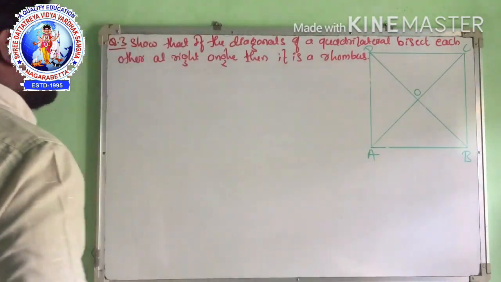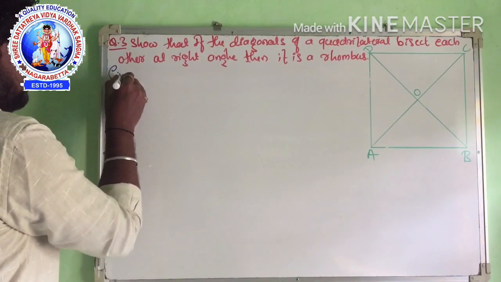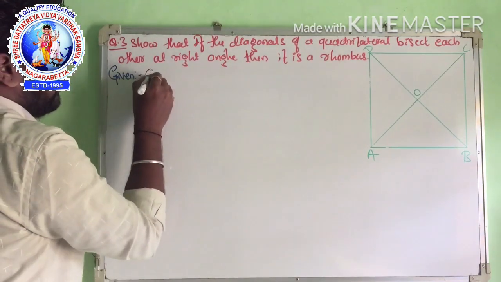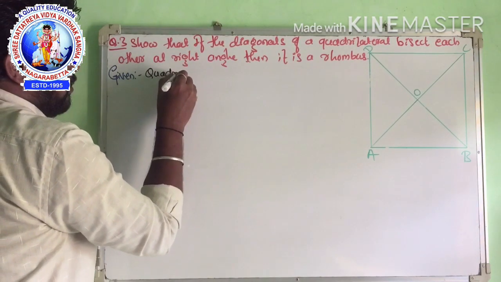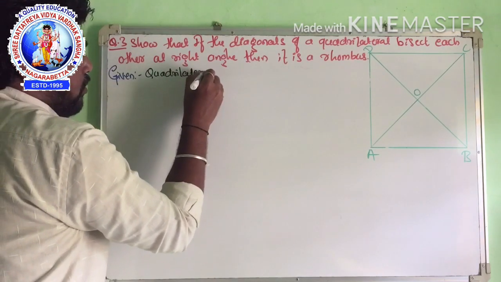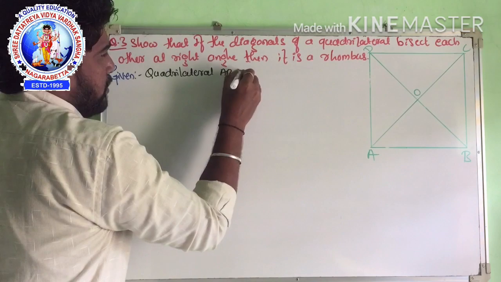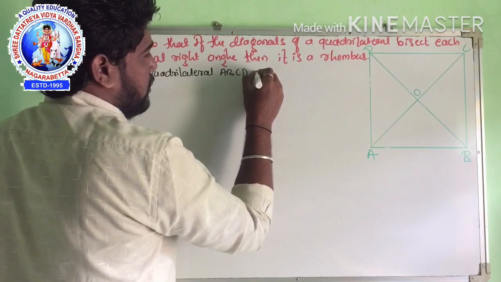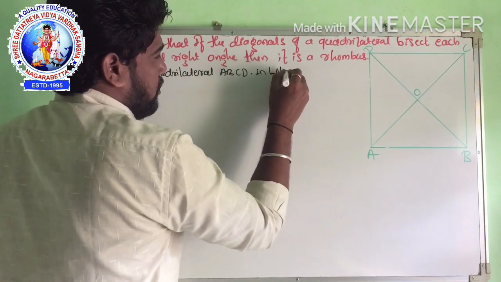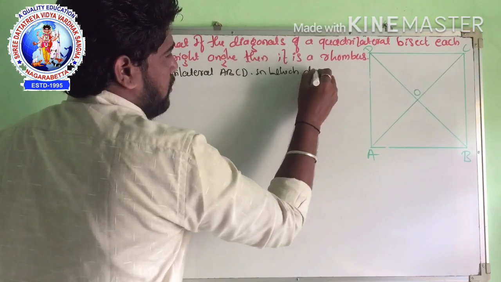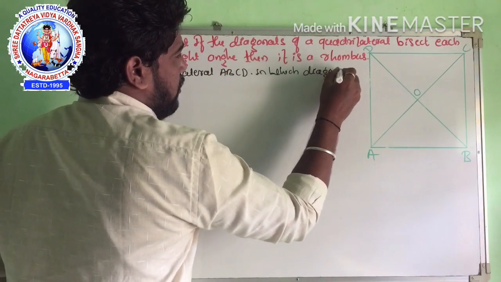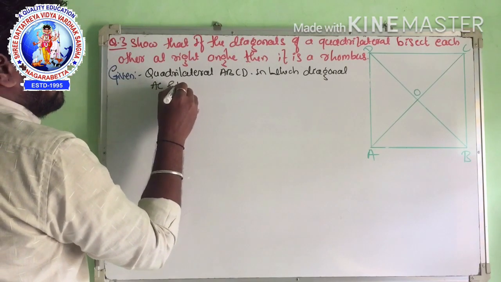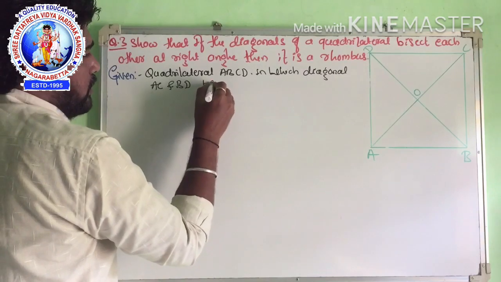So first write down here, given. What is given here? Quadrilateral ABCD, the diagonals bisect each other, in which diagonals AC and BD bisect each other.